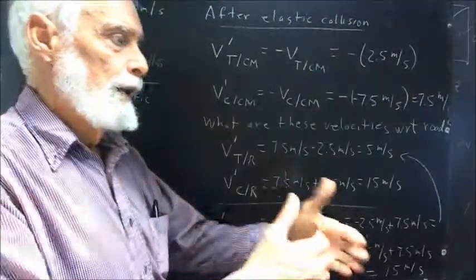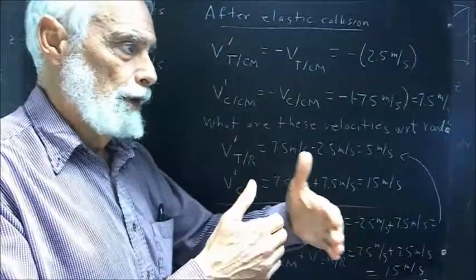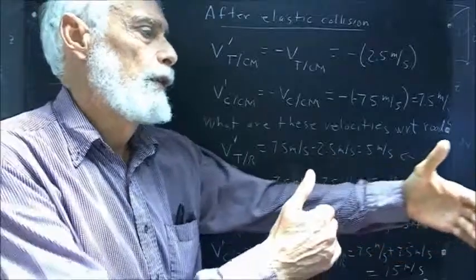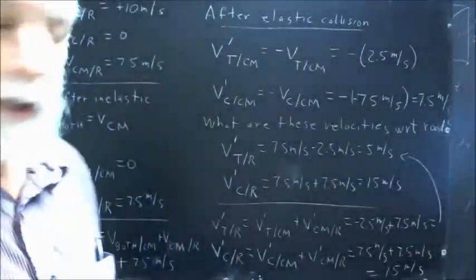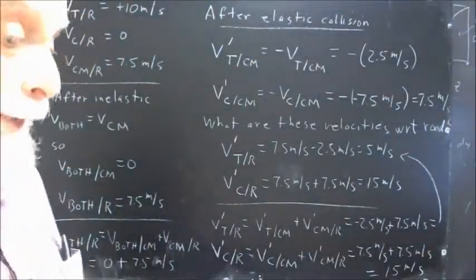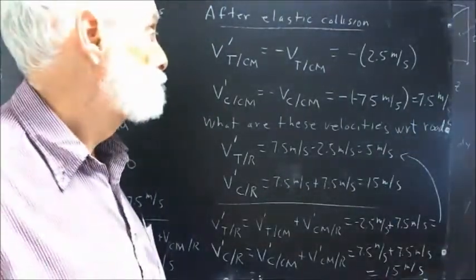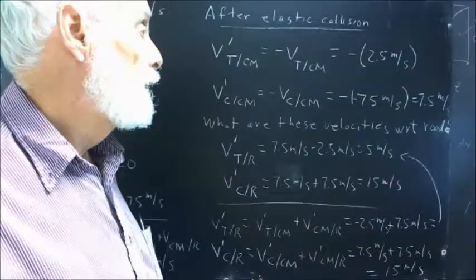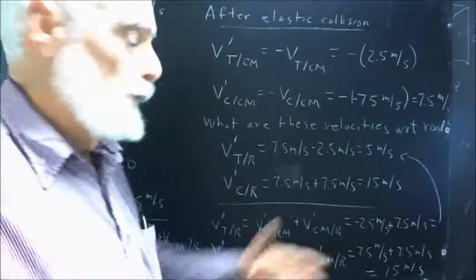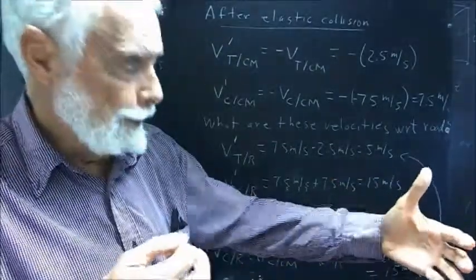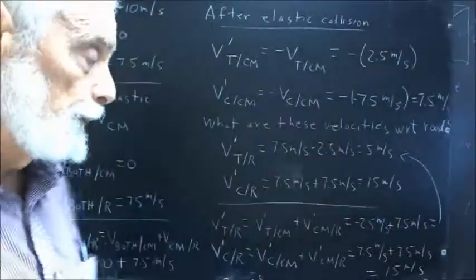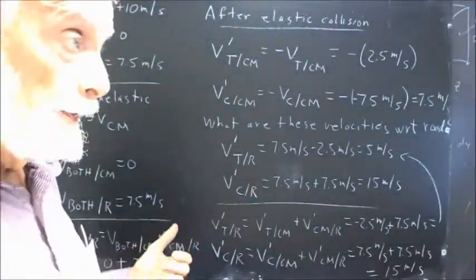After collision, the center mass is moving away from the truck. The truck is still moving forward, but the center mass is out in front of it. So the truck sees itself receding from the center mass. Truck sees itself after the collision as moving in the negative direction.